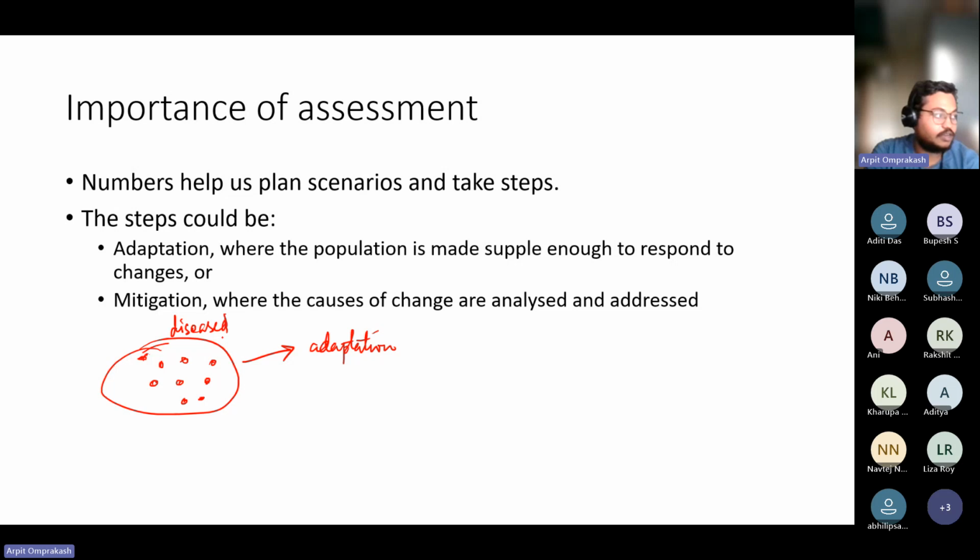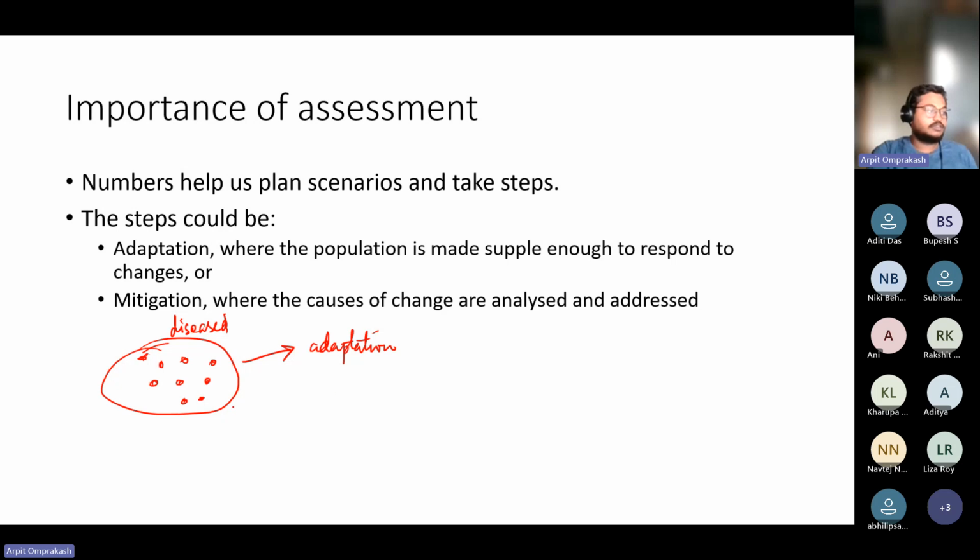So one thing that we can do is get these cattle vaccinated. That's one way in which we are modifying the population and making the individuals supple enough so that they can handle the disease. Even if there is a disease, there is less chance that they will get it because they are vaccinated, right?